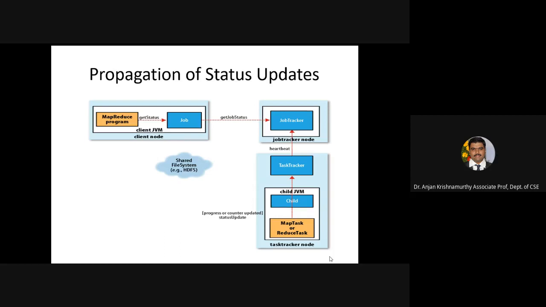The job tracker finds out what the progress is of the work that was submitted to the task tracker. So this is the propagation of status updates. The status goes from the task tracker up to the job tracker and the client side application, which gets the status of the job and how it is being completed, as you can see at this particular place.